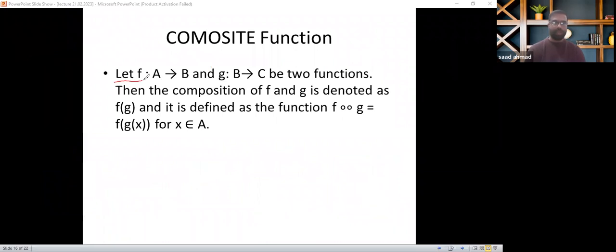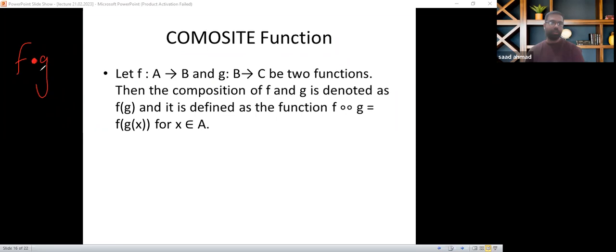So okay, let f: A to B, and g: B to C be two functions. We have two functions, f and g. Then the composition of f and g is denoted as f of g, and the variable, if it is x, we write it as f of g of x.